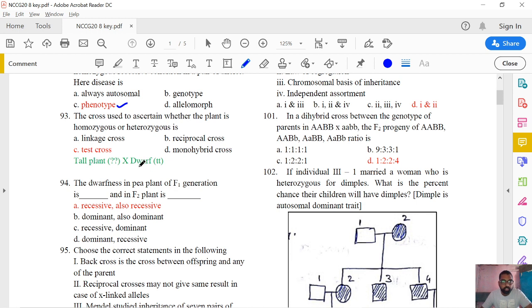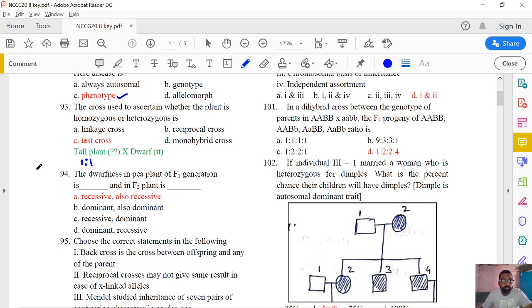So when it is crossed with the dwarf plant, a homozygous recessive plant, if the genotypic and phenotypic ratios are 1 is to 1, then it is heterozygous. If all are tall plants, then it will be a homozygous plant. So the test cross is used to find out whether the given organism is homozygous or heterozygous. So it is the test cross.